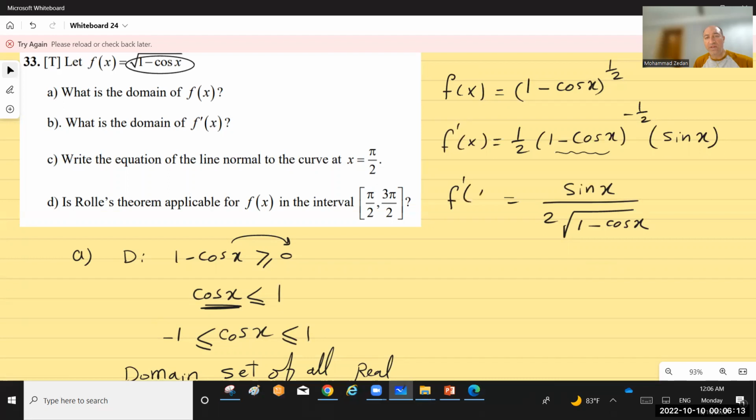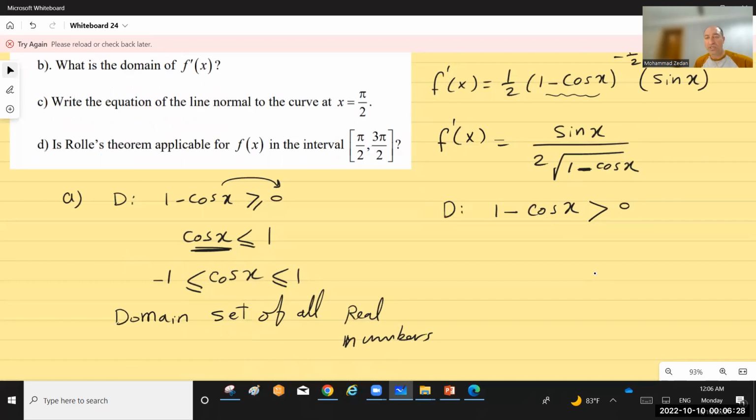Now the domain of f prime is where 1 minus cosine x is only bigger than 0, because the radical amount in the denominator cannot be 0. So I remove the equal here. So cosine x is less than 1. Cosine x, as I told you, is always less than or equal to 1 for every x in R, except the values that make cosine x equal to 1.